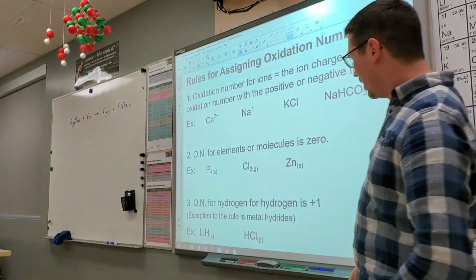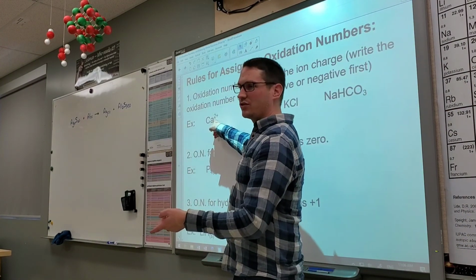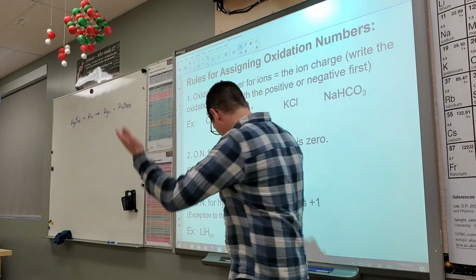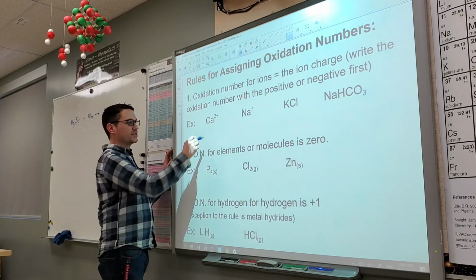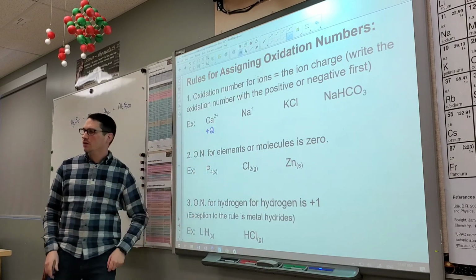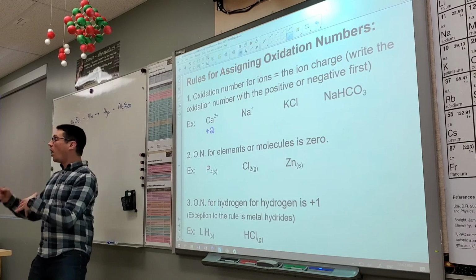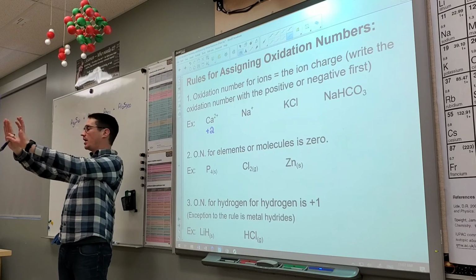For example, calcium 2 plus. How many electrons did it have to lose in order to turn into 2 plus? 2. Okay, so does it make sense that we will assign it an oxidation state of +2? Now, usually, a charge, we write number first and then sign. Would you agree?